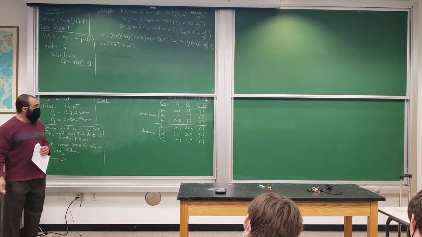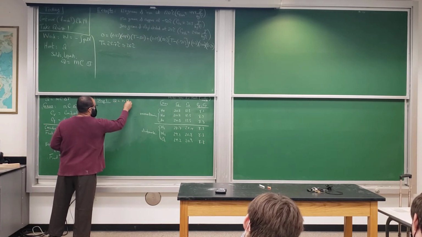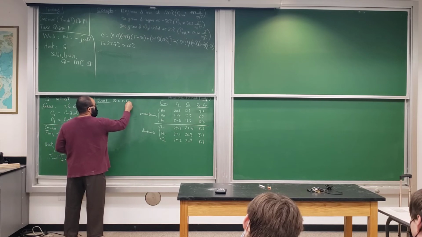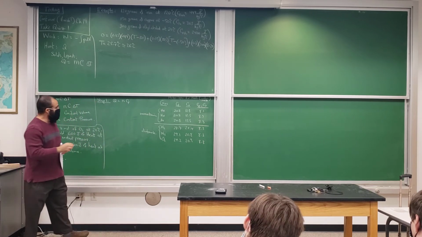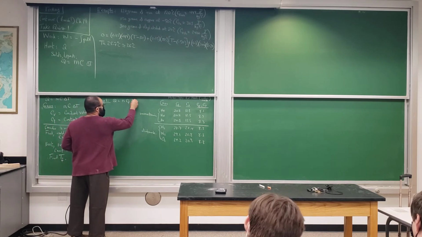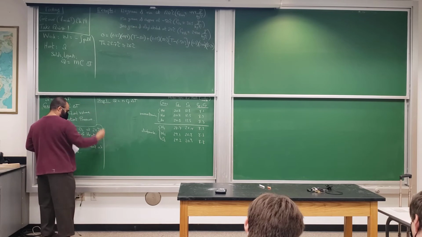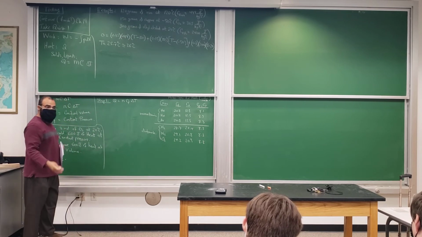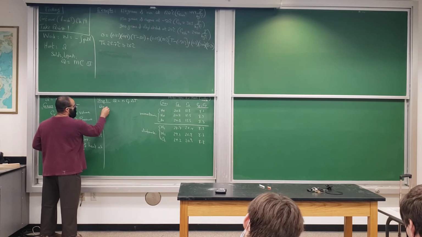So I know that Q is equal to n Cp or Cv? Cp, right, because it's constant pressure, times delta T. What do I know? Do I know Q? Yeah, we added 600 joules, so positive 600.